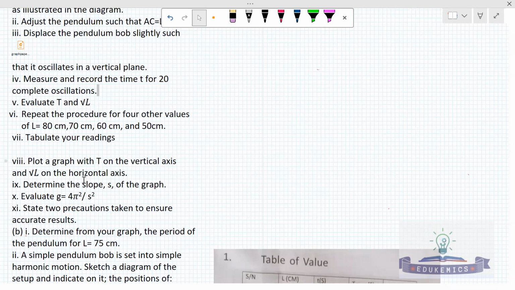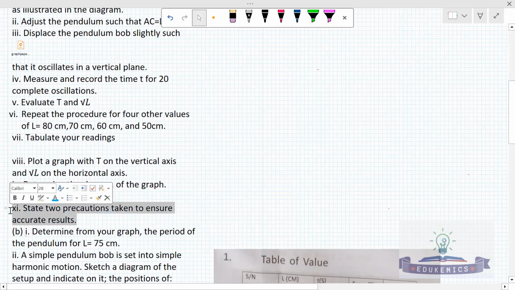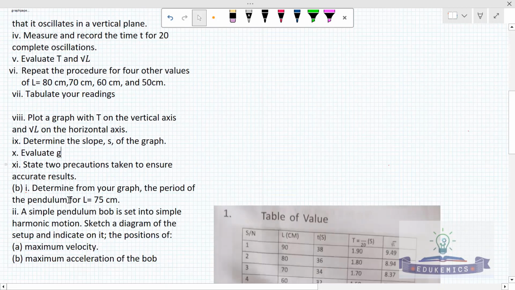State the precaution taken to ensure accurate results. Determine from your graph the period of oscillation.